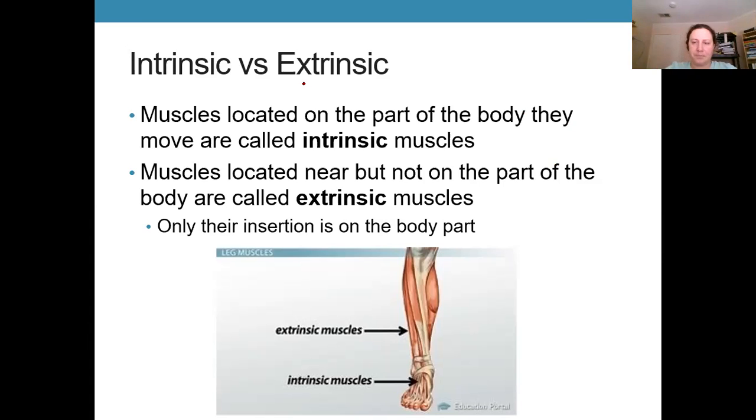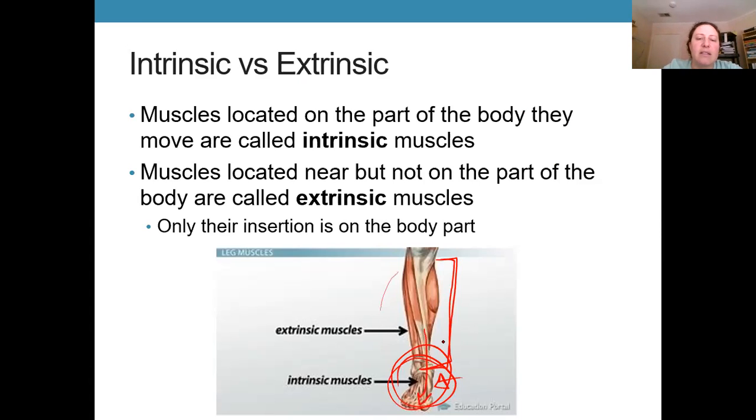So for example, there are muscles in my hand. There are also muscles in my foot. So all the muscles in my foot are intrinsic muscles of the foot. They move the foot and they're on the foot. But there are lots of muscles on the leg, like muscles of the calf and stuff, that move my foot as well, because they have tendons that attach down there.